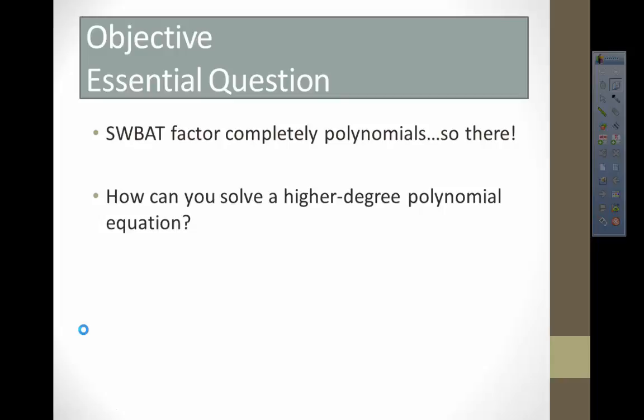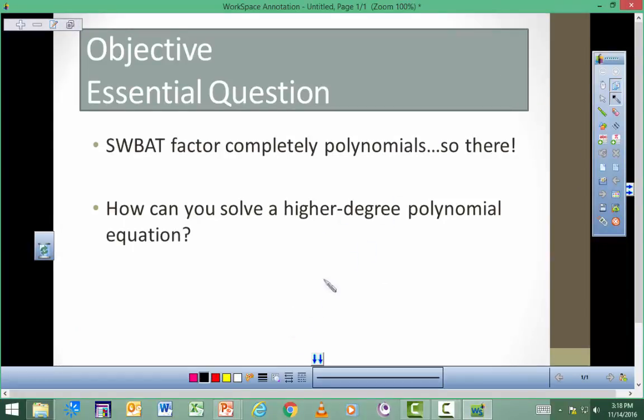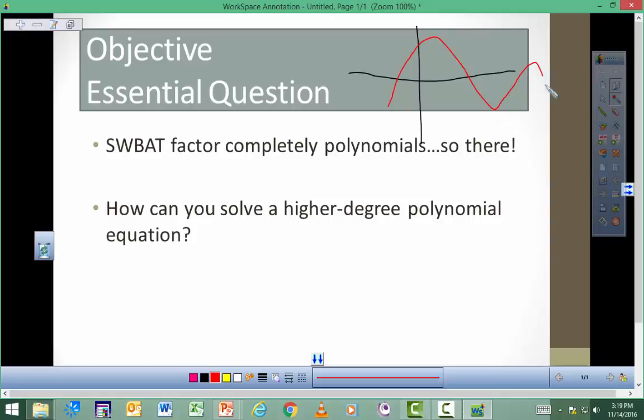So what we want to do is we want students to be able to factor completely polynomials, and we also want to be able to solve these equations. What happens in business lots of times is we might have a polynomial like this, and we might graph that polynomial, something like this maybe, and these regions that are trapped by the x-axis, like from here to here, these regions are often important regions.